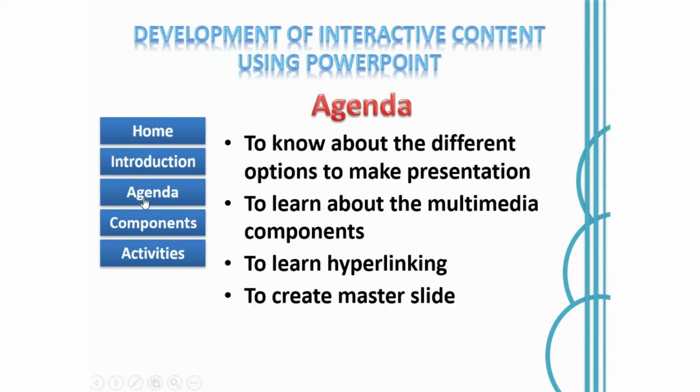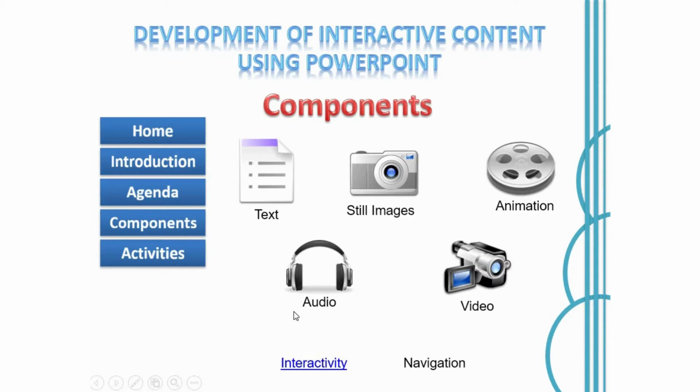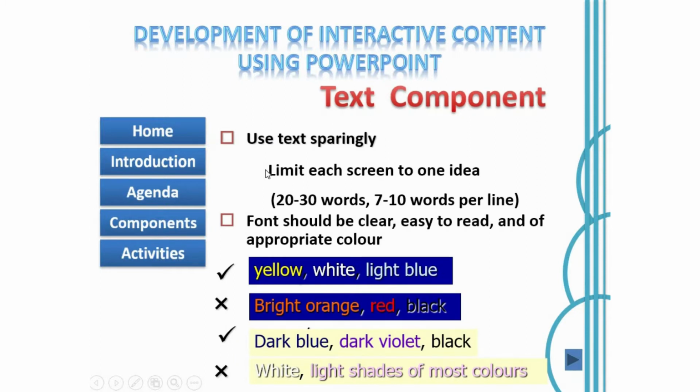So here you can insert audio into the presentation also. From here you can move into the text-based part, and if you look at this component, the components are text, still image, animation, everything. Then from here, if you click it, it will go to the next page of the text component.